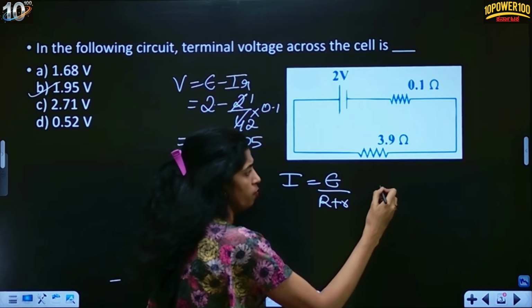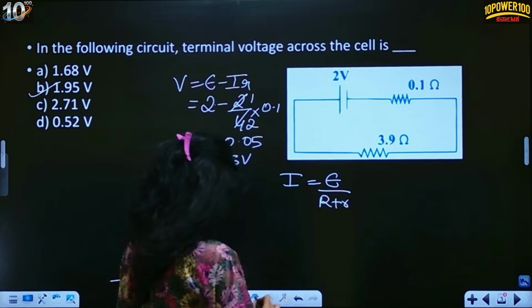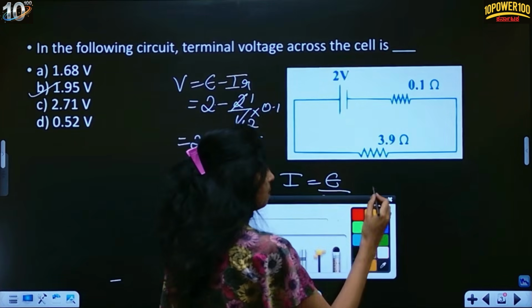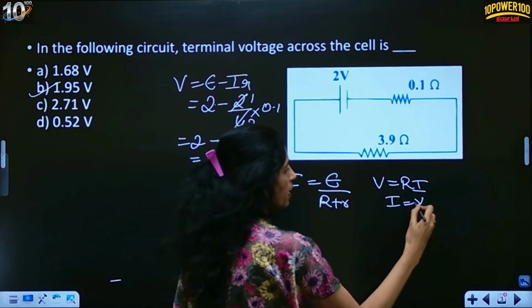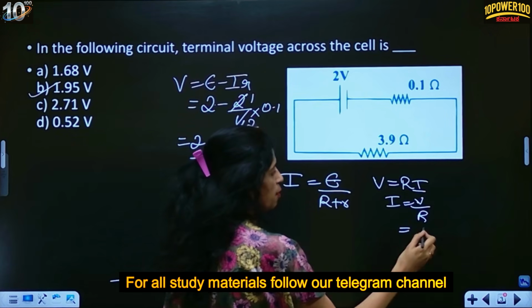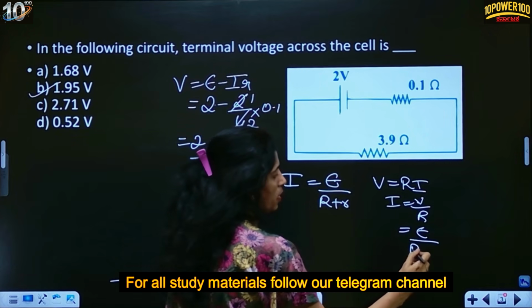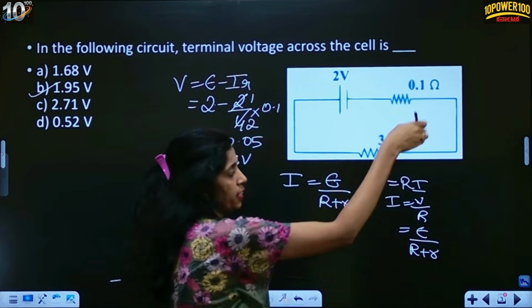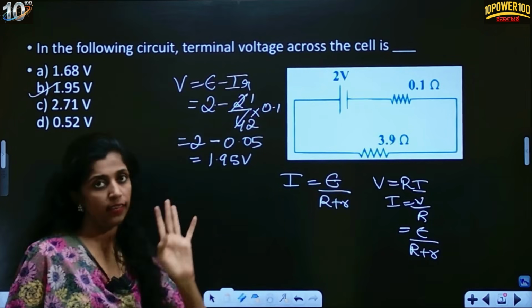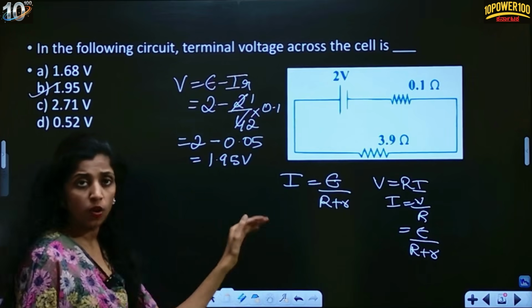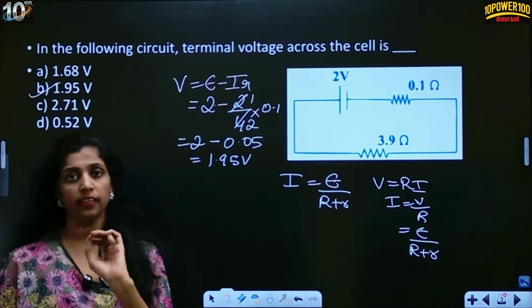Nothing but our Ohm's law formula, where V equals RI. Okay, V equals RI andre I equals V by R, right? So V andre EMF illi, total resistance is nothing but R plus small r. If not, you can just take a series, because they both are in series. That's the reason I've taken the total resistance as 4 ohm guys. That's it. To solve, it will not even take a minute, it will just take 30 seconds.